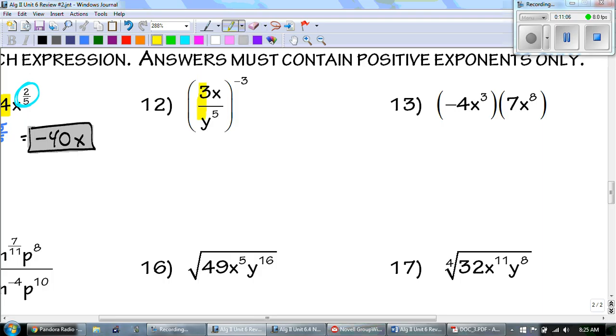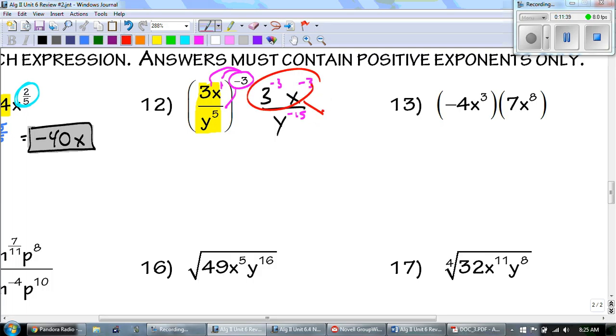All right, number 12. You always want to check inside, can I simplify everything? And if you can't, which we can't, I'm going to take this negative 3 and distribute it to everything. So everybody gets a new exponent. So 1 times negative 3 is negative 3, 1 times negative 3 is negative 3, 5 times negative 3 is negative 15.